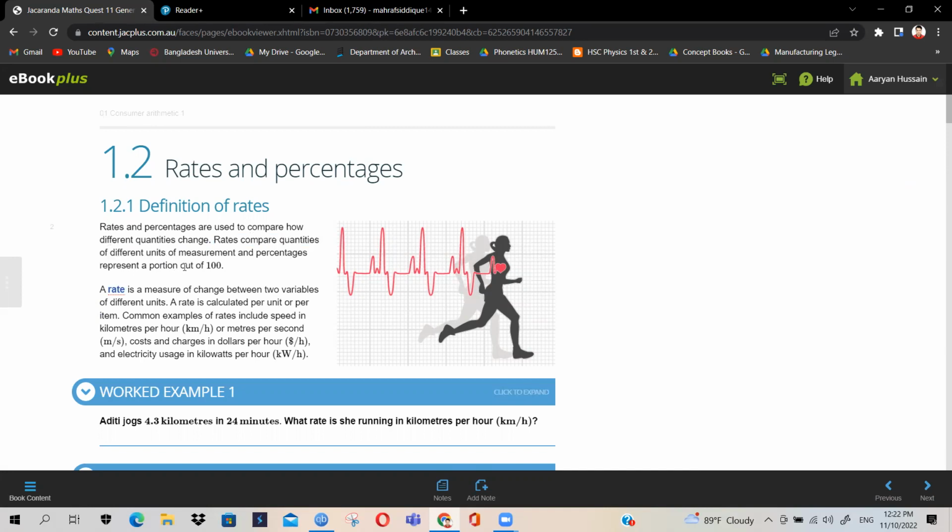If I give you an example, say James is moving at a rate of 5 kilometers per hour, and say X is moving at a speed of 10 kilometers per hour.